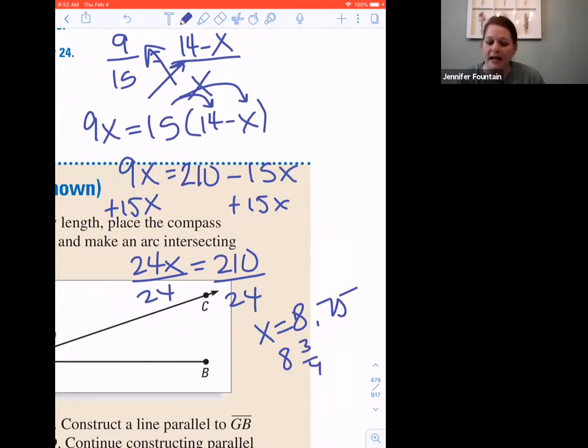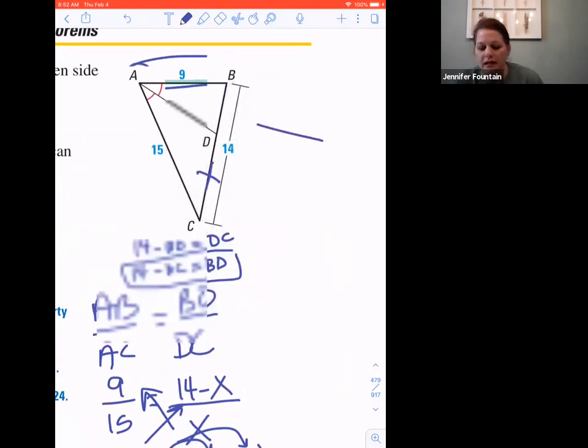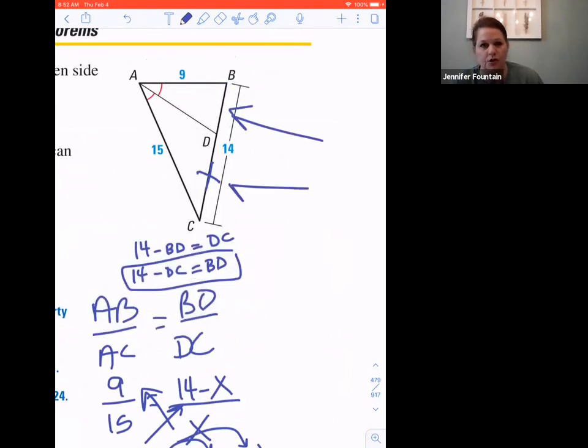Okay, but the main thing is that if I do not know either of these measures, you need to let one of them be your variable. So let one be X, and then the other is going to be the total length minus X. Is everybody good with that? It doesn't matter which one.